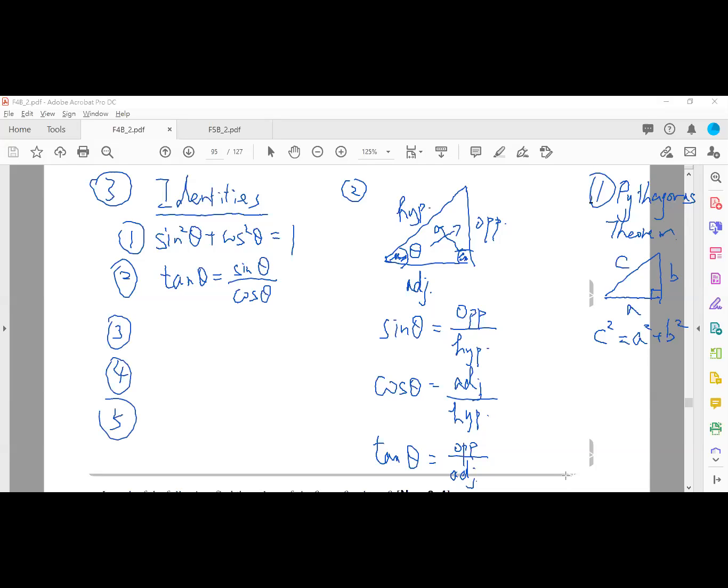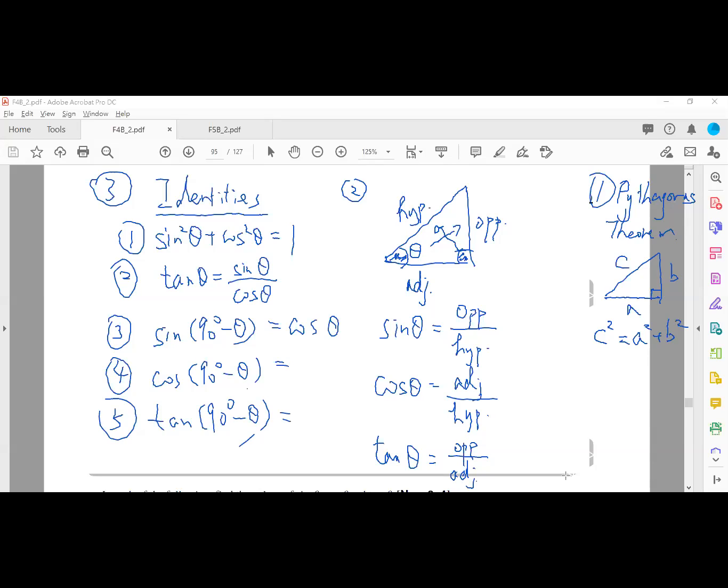That is about sine 90 degrees minus theta, cosine 90 degrees minus theta, and tangent 90 degrees minus theta. If you see sine 90 degrees minus theta, you will change it to cosine theta.